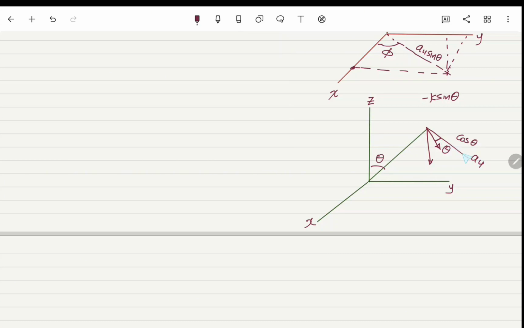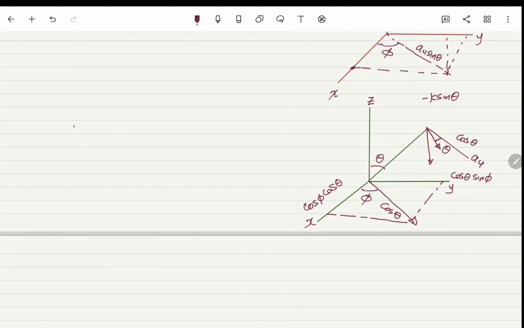Now, this a4 here has an image exactly in the xy plane this way here, but it's not a4, it's cosine theta. So the new vector here is cosine theta located in the xy plane. Now this one has intercept with the x-axis, if this is phi here, so the x component for this one here will be cosine phi cosine theta, and the y component here will be cosine theta sine phi.